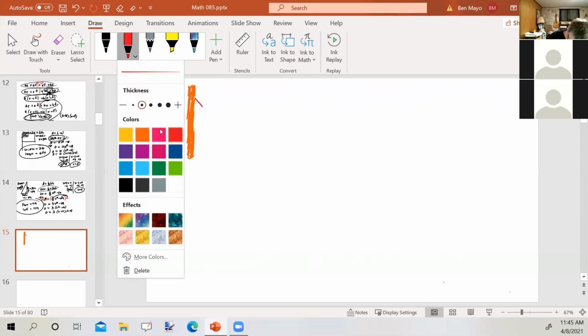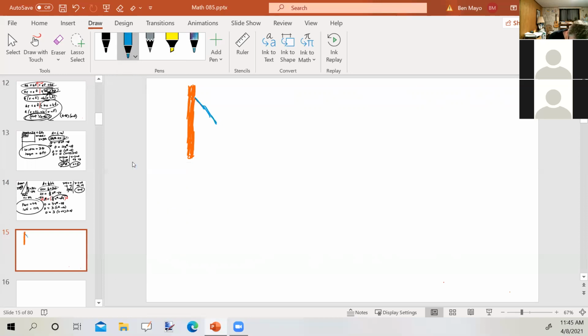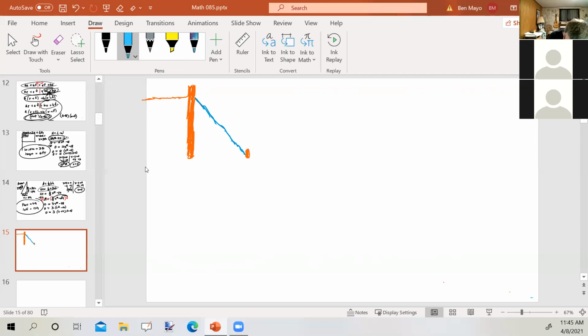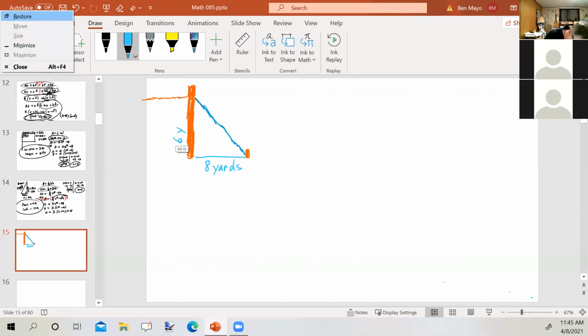Let's make that support cable blue. And then there's a peg right here. And there's a rope going over here. Okay. And we're told this distance right here is 8 yards. And this distance right here is 6 yards. All right. And this is a right angle.